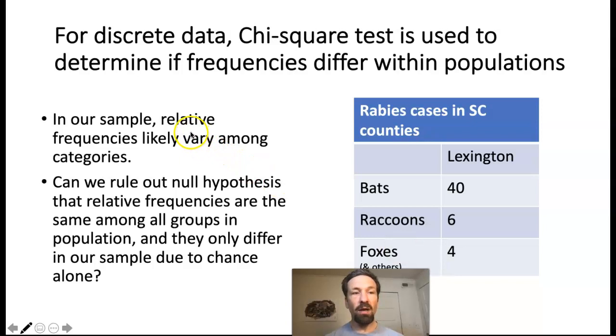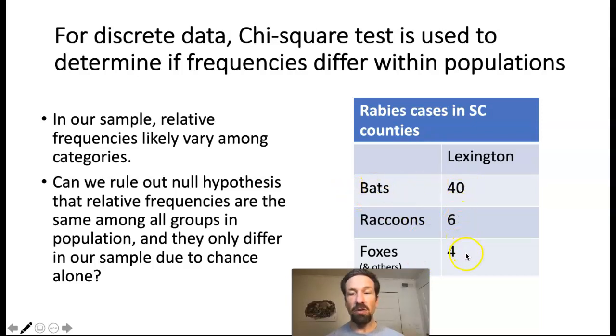So put another way, in our sample, the relative frequency seems to vary among categories. But what we would like to know for the general population of bats, raccoons, and foxes is, can we rule out the null hypothesis that the relative frequency of encountering these rabid animals is actually the same among all 3 of these categories, and it's just by chance alone that in this particular year they happen to collect more bats and fewer raccoons and foxes with rabies.